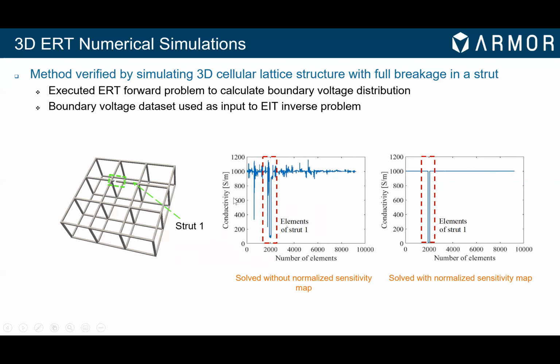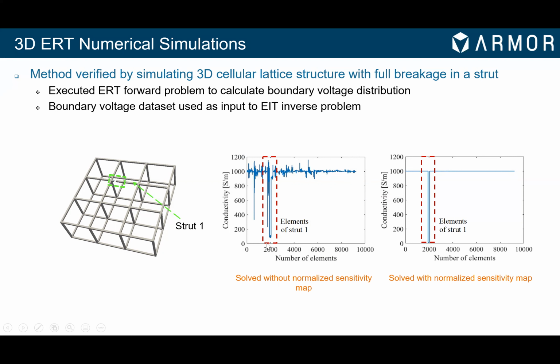And these plots basically show you the conductivity values that are reconstructed, plotted as a function of the total number of finite elements within this model. And what you can see here, and the takeaway from this slide, is that without the normalized sensitivity map, we effectively see not only a lot of noise in the reconstructed signals, but we also obtain some image artifacts where damage is not located.